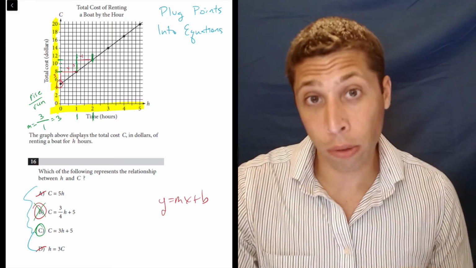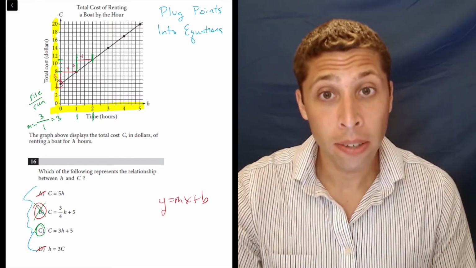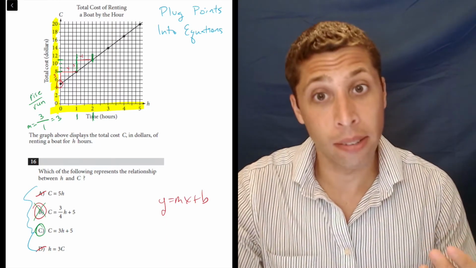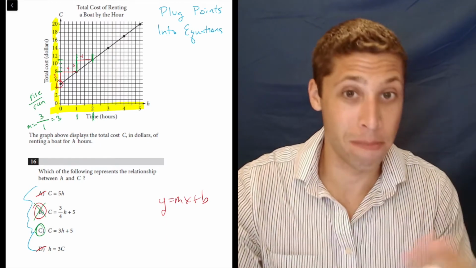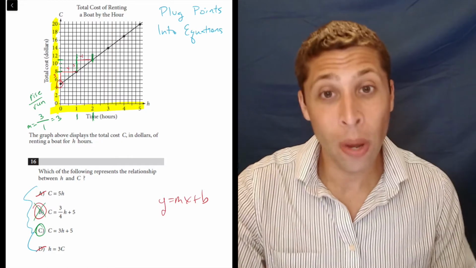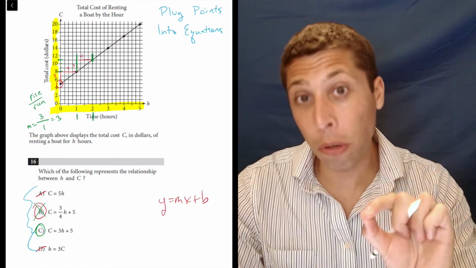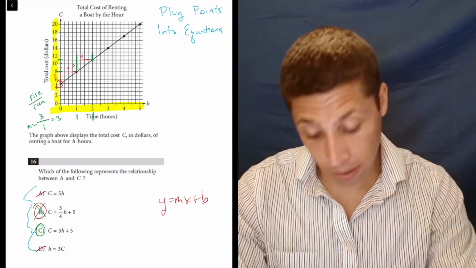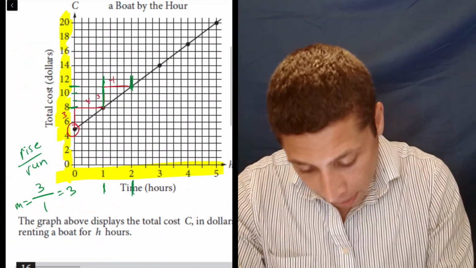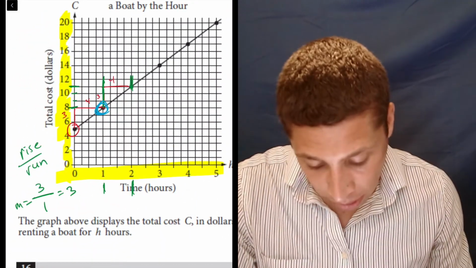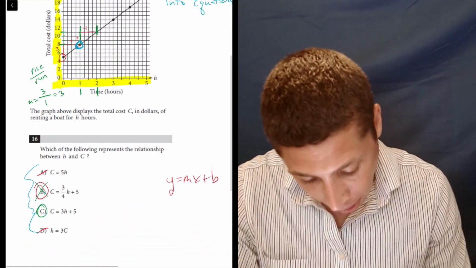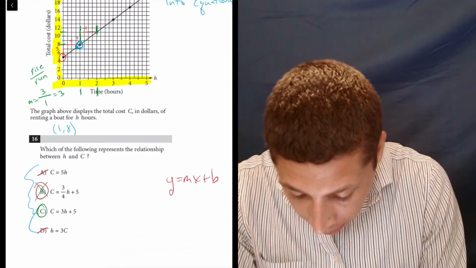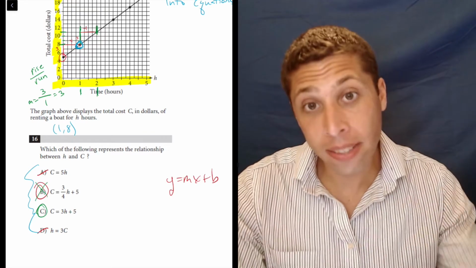It'd be really great if I had a point to go with them, right? Because if I have a point, then I can plug the point into the equation. Where you're looking for 2 points and finding the slope between them, I'm not. I'm looking for 1 point. And I'm saying, okay, how about this right here? This point is (1, 8), okay? So (1, 8). How does that fit in these equations?